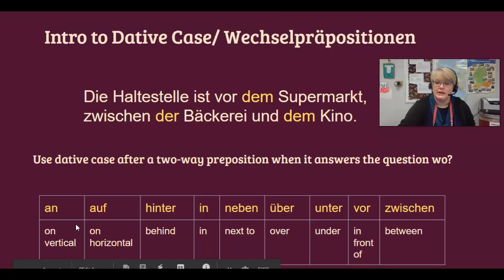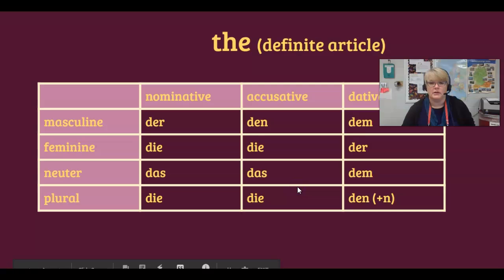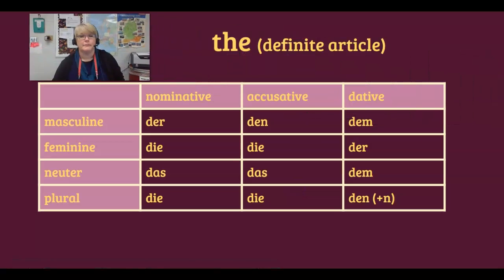Let's go on and talk more about dative case. Let me put me over here. Okay, so far, these are the words that we've learned for the: der, die, das, and die. We learned them in the nominative case for subjects.